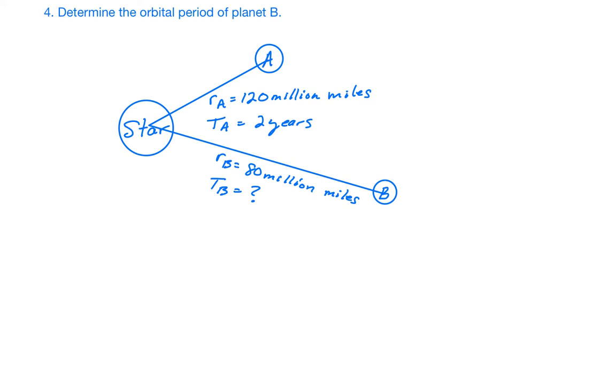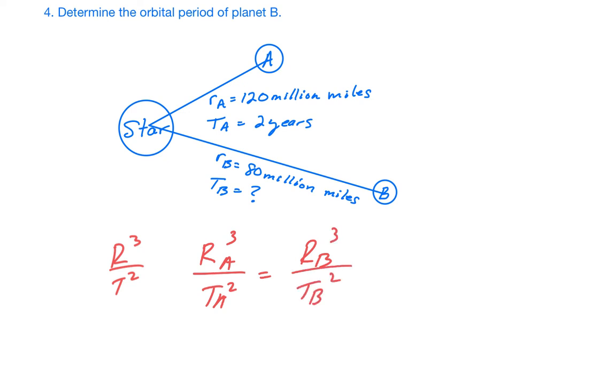Okay, try this next problem. It's pretty straightforward. I'm going to give you a hint. Go ahead and use Kepler's third law. All right, Kepler's third law says that r cubed over T squared is a constant. That means the r of satellite, the distance from satellite A to its star over the period, is equal to the distance of satellite B, or planet B, to the star cubed over its period squared.